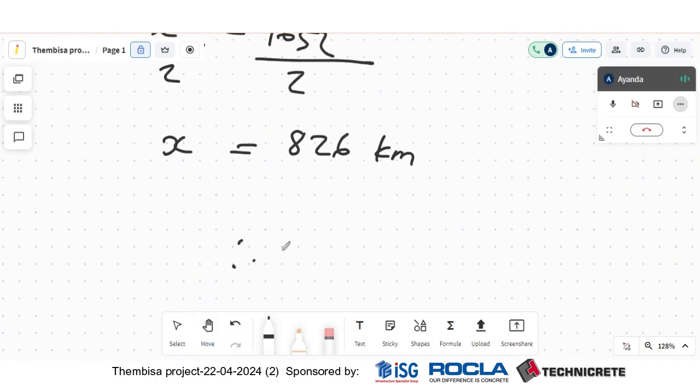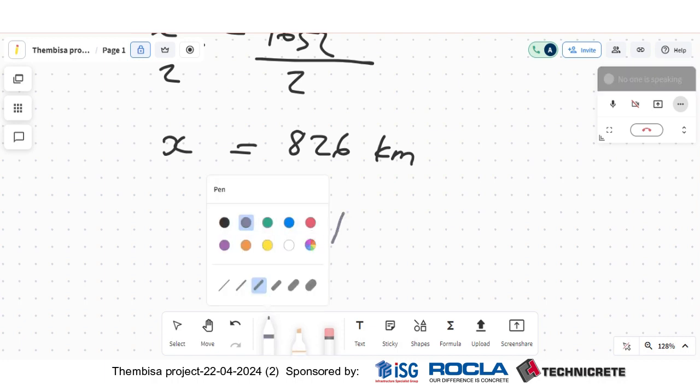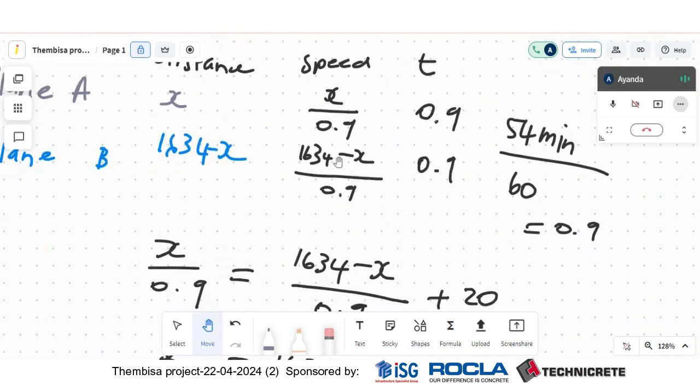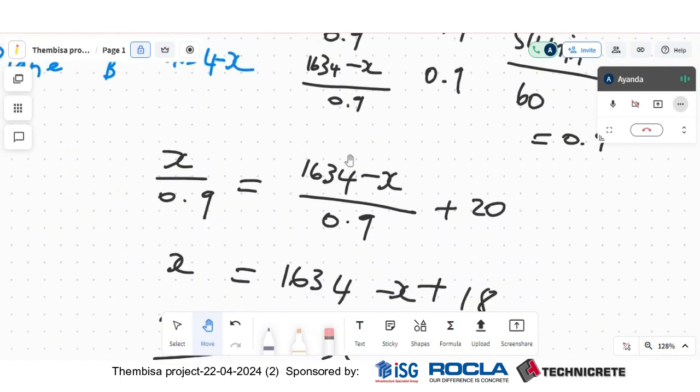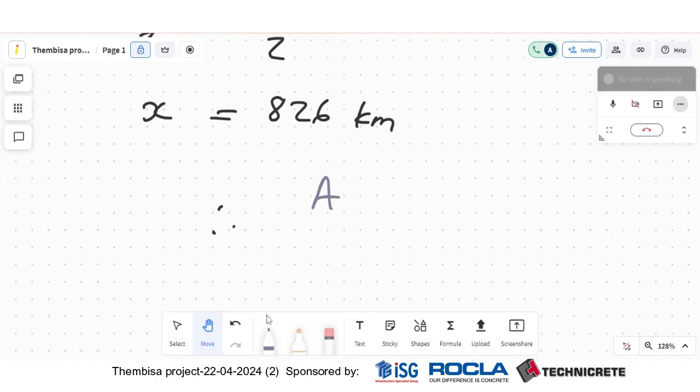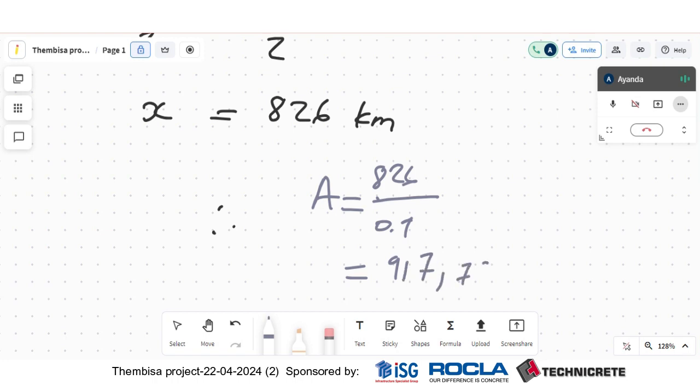So now we can figure out the speed of plane A. The speed of plane A is the distance over 0.9, so that's 826 over 0.9. And that's going to give us 917.78 kilometers per hour.